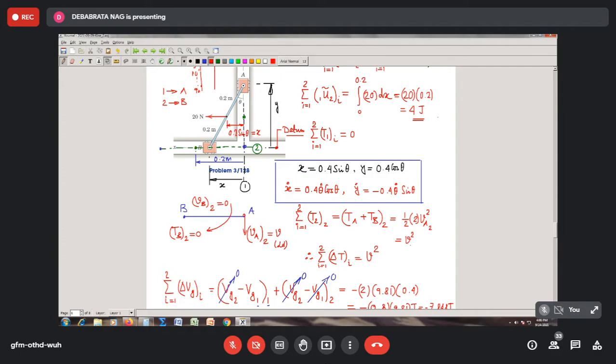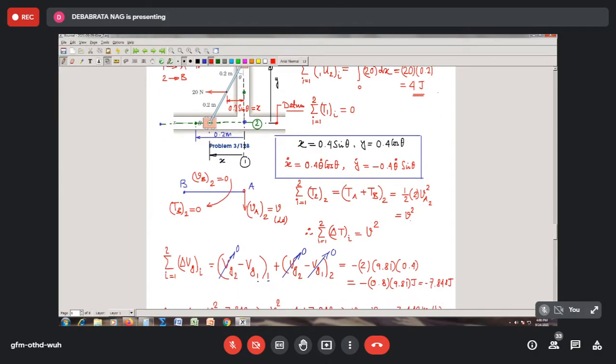The only potential energy is because of block A. And when it is coming to position 2, what is position 2? Position 2 is this arbitrary angle, correct? When this rod is in this position, this is now my position 2, correct? So Vg2 will be equal to how much? This is y, meaning 0.4 cos theta.